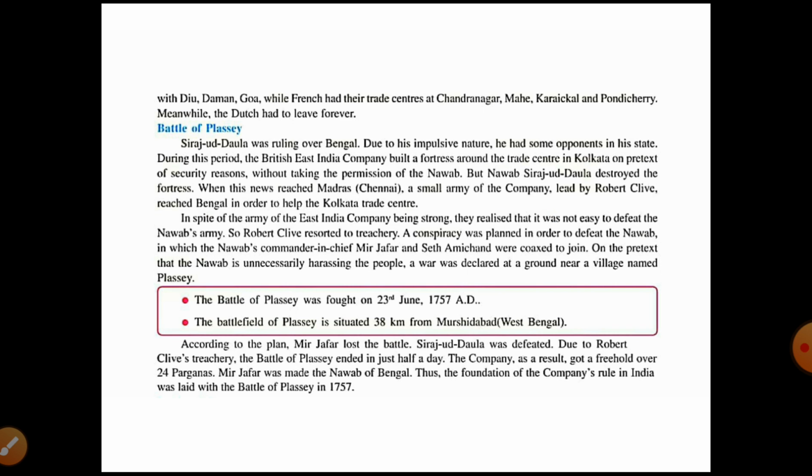So Robert Clive resorted to treachery. A conspiracy was planned in order to defeat the Nawab, in which the Nawab's commander-in-chief Mir Jafar and Seth Amir Chand were coaxed to join the British army.